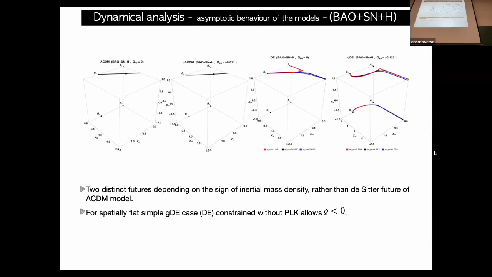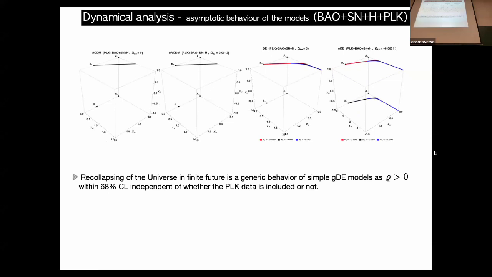Positive values are favored for both cases, but these have different features, rather than the de Sitter feature. And for the full data, we can see that the only generic behavior from the simply graduated dark energy models is the recollapsing of the universe in a finite future, whether the Planck data is included or not.